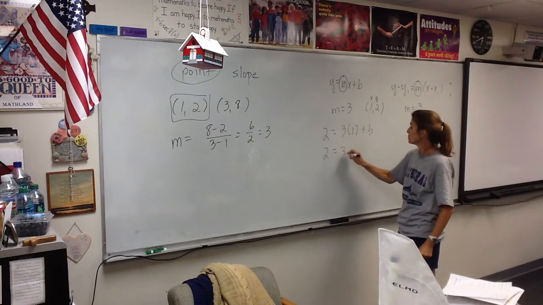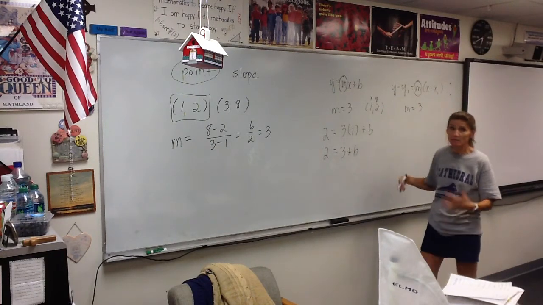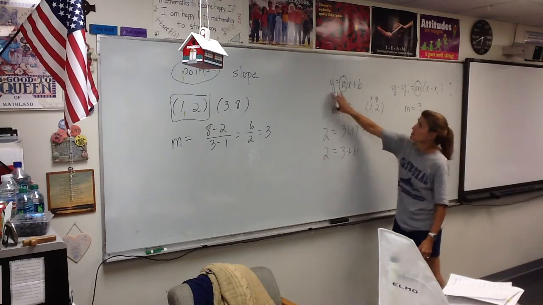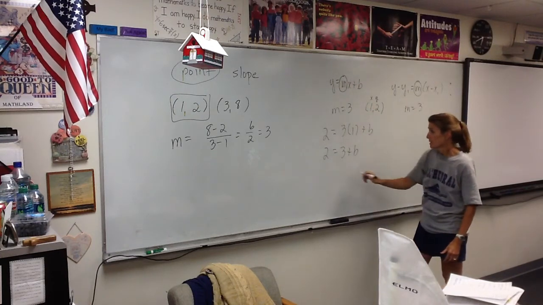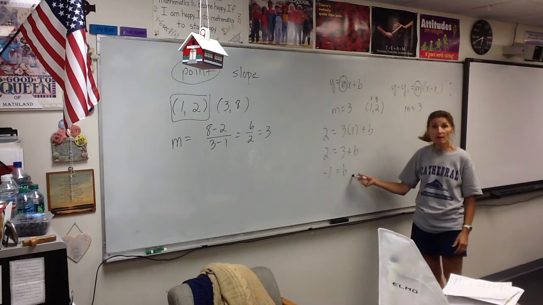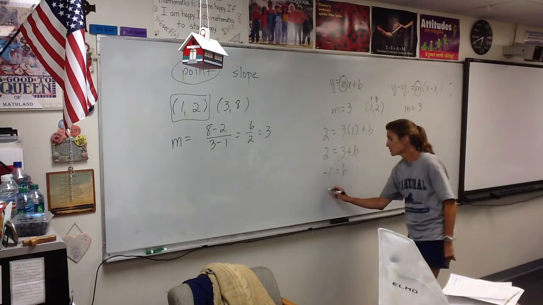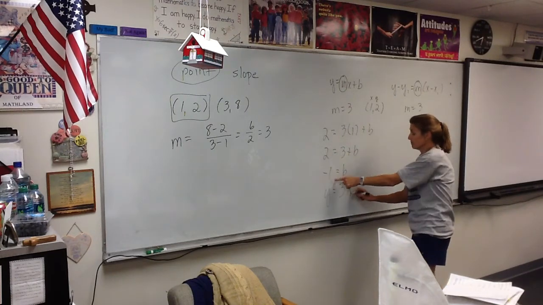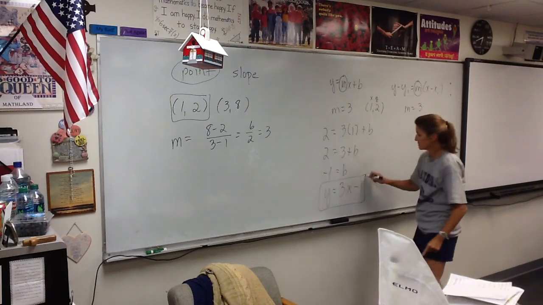So 2 equals 3 plus b. Notice, groupies, all I did was plug in. I have an m, an x, and a y. I just put them in. So b equals -1. That is not the answer. The answer is y equals mx plus b, with the values filled in. There's the answer.